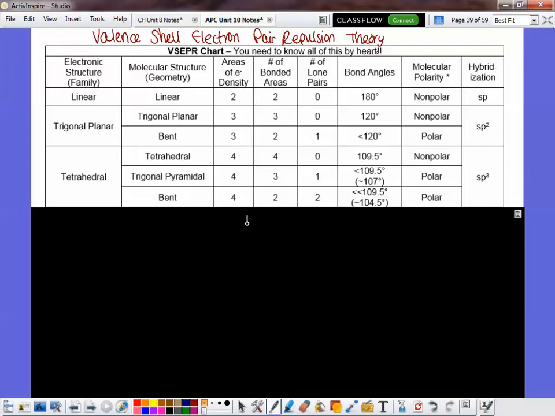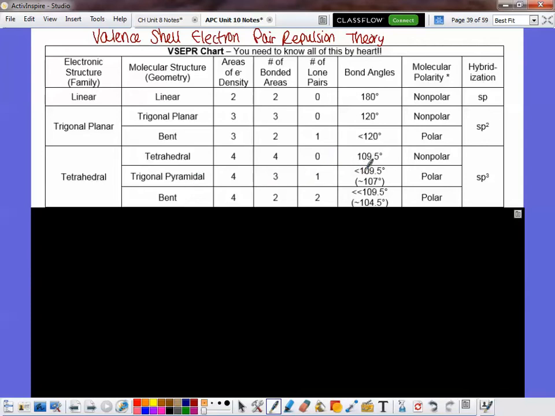So we've got tetrahedral here. Tetrahedral has three geometries: tetrahedral, trigonal pyramidal, and bent. The tetrahedral geometry has no lone pairs. Its bond angle is 109.5 degrees. It is typically nonpolar. Trigonal pyramidal has one lone pair and three bond pairs.